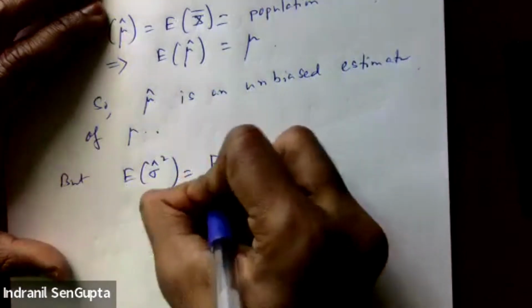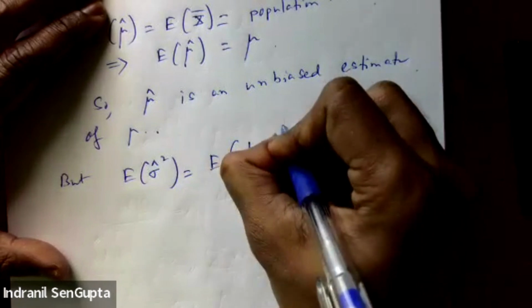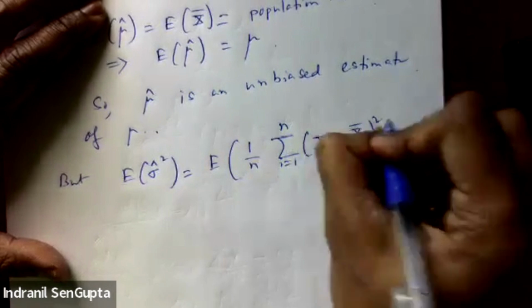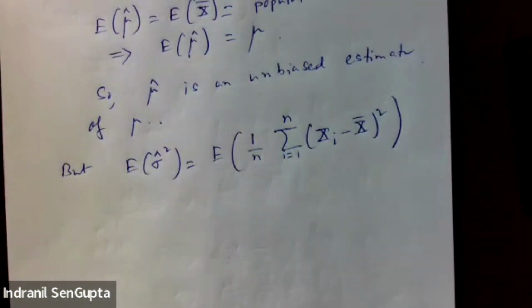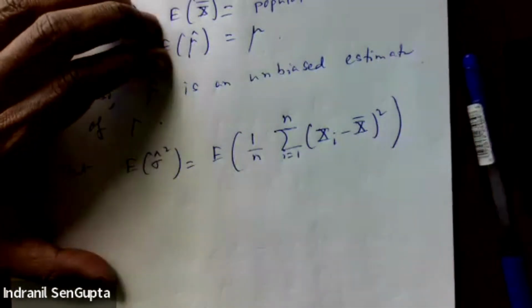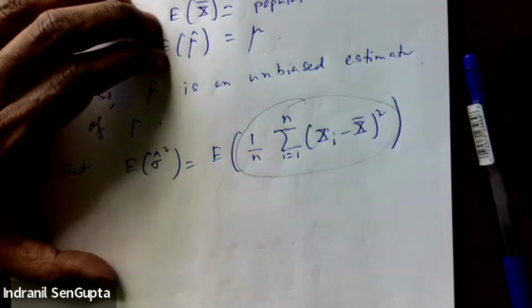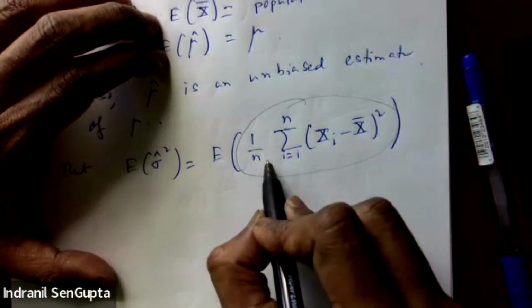It is really E of 1 over n, summation i from 1 to n, of Xi minus x bar squared. If you recall our discussion from the last class, this is not really the sample variance. Remember what we did, something really surprising for the sample variance: we didn't have n here, we had n minus 1 here.